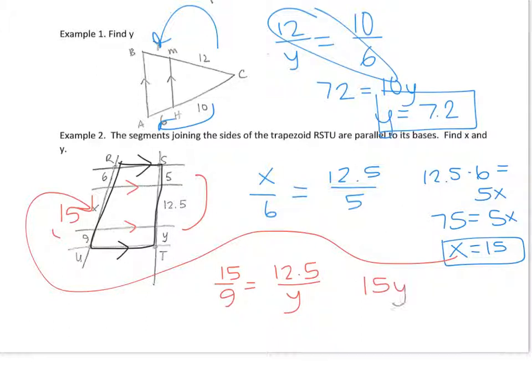So 15y equals, now I need to do 12.5 times 9. Which is 112.5, and divide that by 15. So y equals 7.5. So do one of the variables first, and then do the other variable.